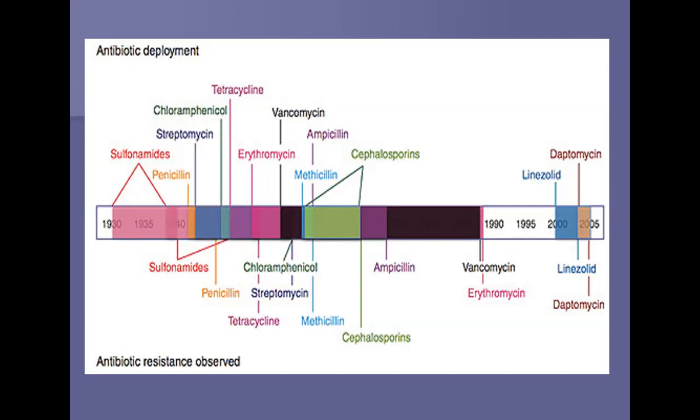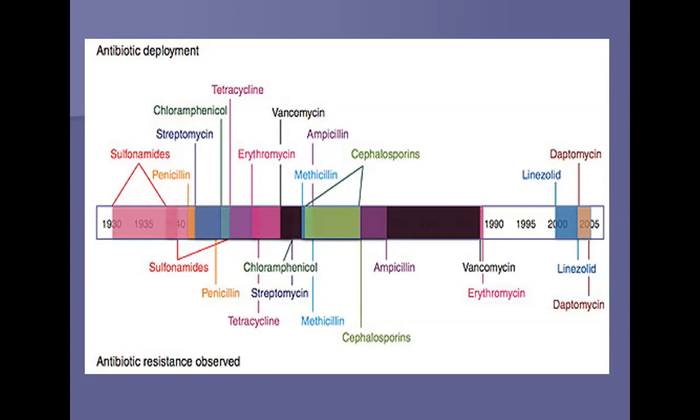With the advent of the sulfonamides, which was in the 30s, we see in the 1940s resistance to sulfonamides. The same with penicillin, and the story just continues. In 2000, linezolid came on the market, and by 2003, approximately, we see linezolid resistance.